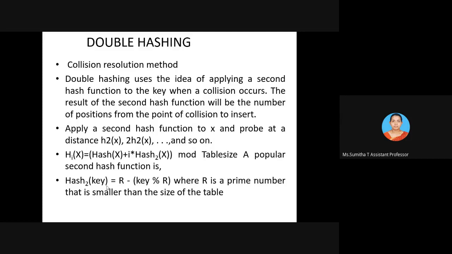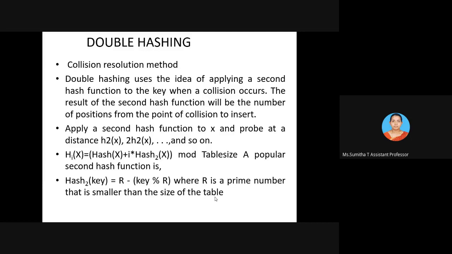Here also we use the same formula, but if a collision occurs, then we move to the next one. The next formula is r minus (key mod r). Key is the element which we are going to insert, and r is a prime number that is smaller than the size of the table, the previous prime number.